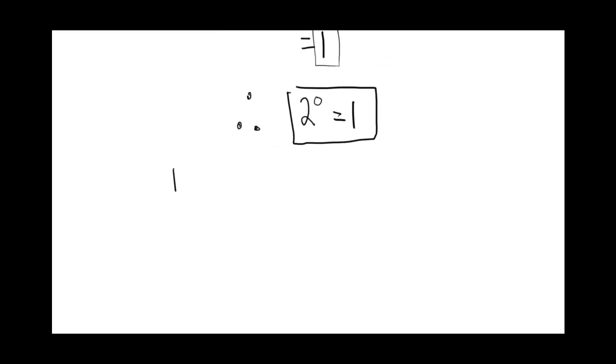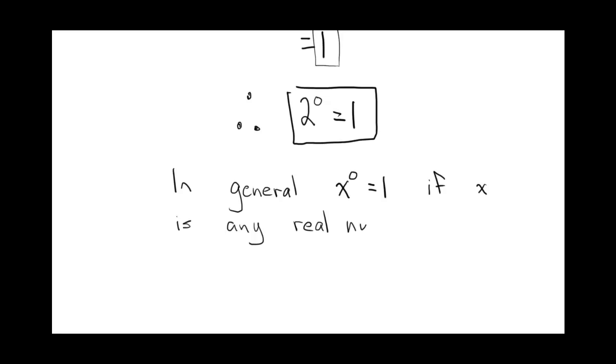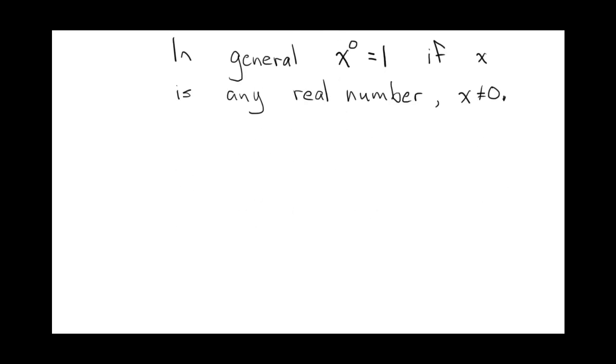In general, we'll say x to the power of 0 is equal to 1 if x is any real number. That's basically any possible decimal number, fraction, anything. With one exception: x cannot be equal to 0. What does that mean?